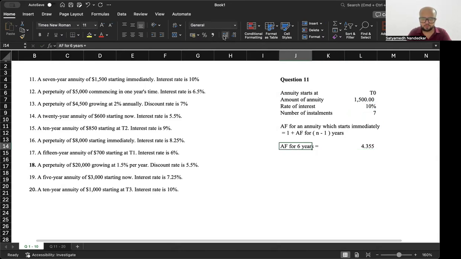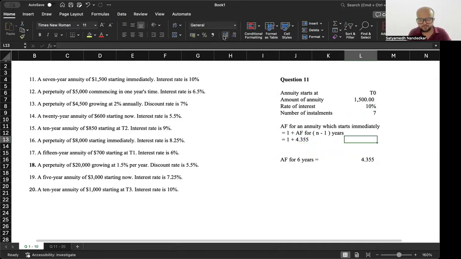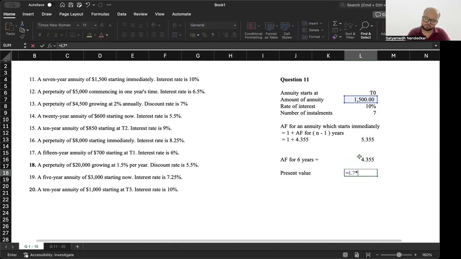Okay, so this will be 1 plus 4.355, which will be 5.355. Let's just see if it's correct. So present value: 8032.89.